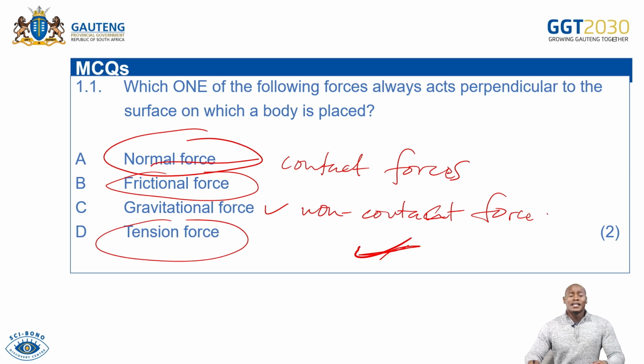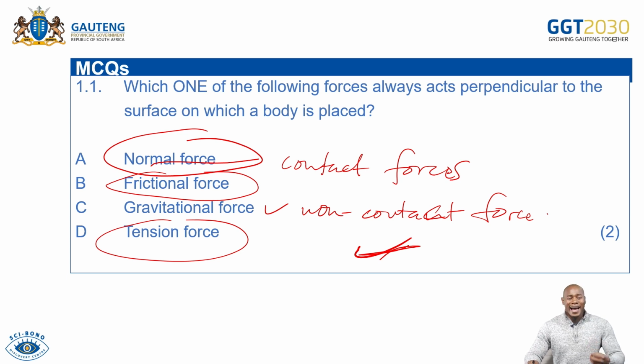That is the force that opposes the motion of a stationary object just before an object starts to move. That is the maximum static friction.